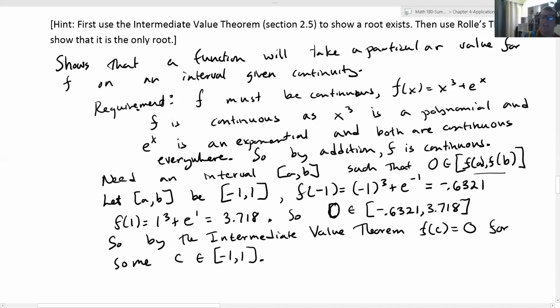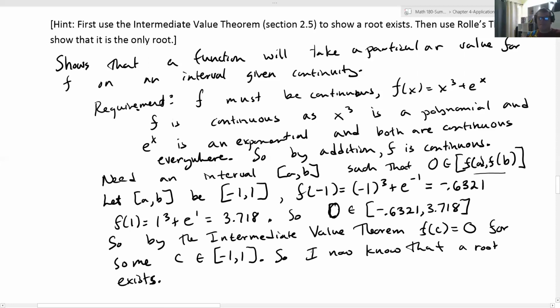And that tells me that a root exists. I have at least one of them.